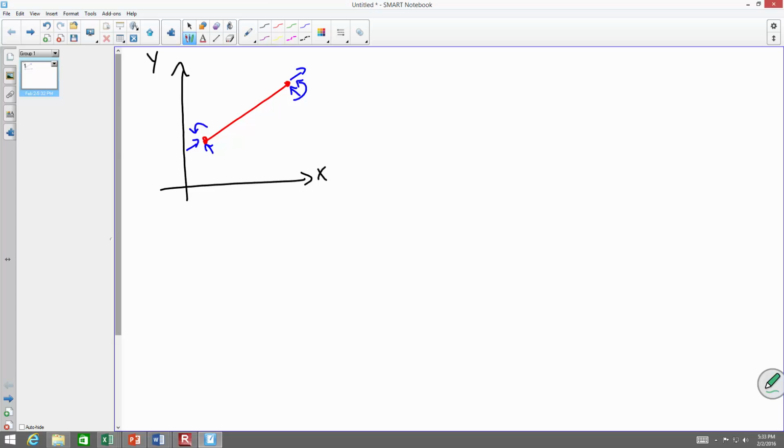Now let's say my angle of orientation is, I'll make up a number, 0 degrees. Would you agree that that element would look like this? And these would be the local degrees of freedom. Would you agree with that? All right, let's make up another one.